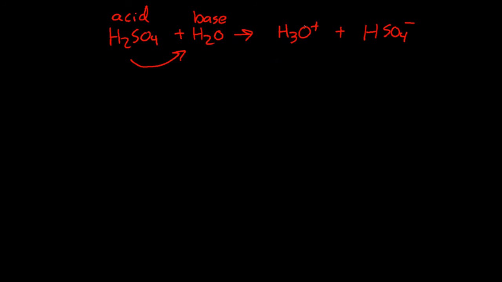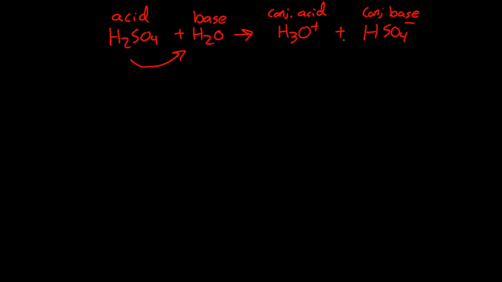To explain it in the simplest way possible, whatever is the acid in the forward reaction is going to be the conjugate base in the reverse reaction. And whatever is the base in the forward reaction becomes the conjugate acid in the reverse reaction.